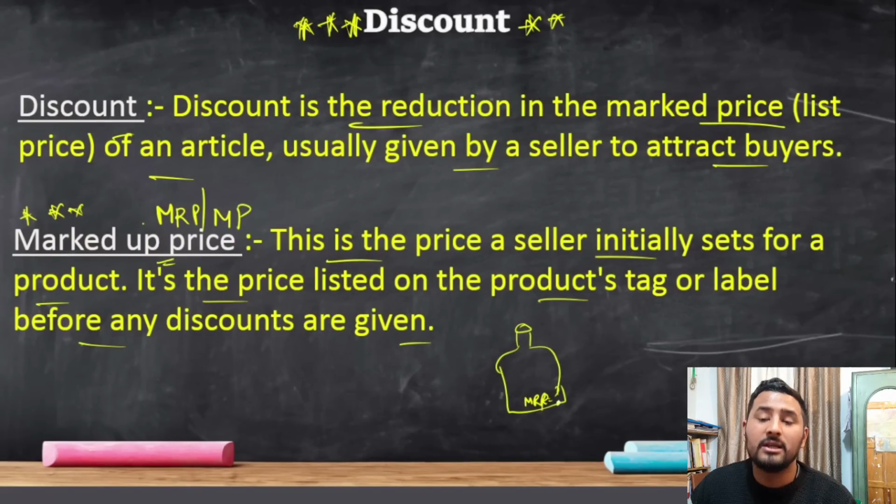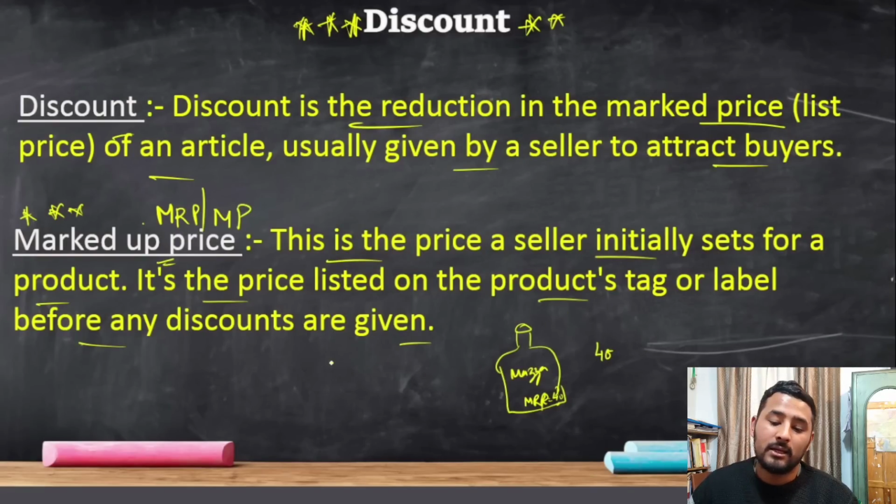We give that to the shopkeeper. Say this is a Maaza juice, and if it is 40 rupees, so MRP is 40, we should give 40.